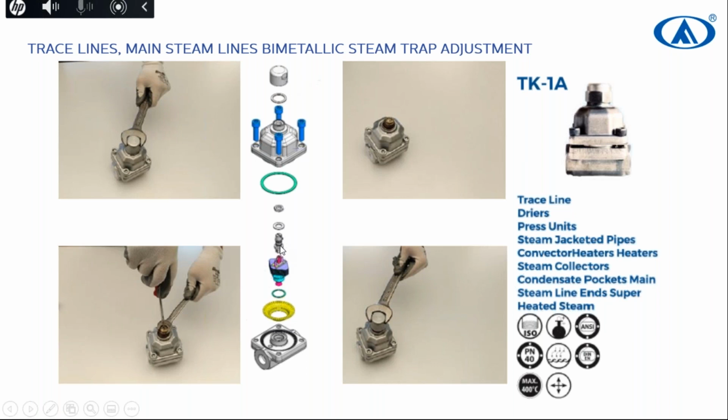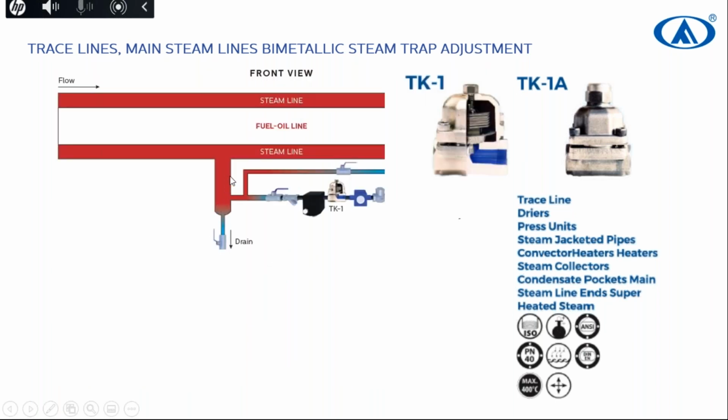But to do this, you need to stop your steam system. It means you need to stop here. You need to open the bypass, and you need to discharge all your steam to the bypass line, and it will cause a lot of money waste.